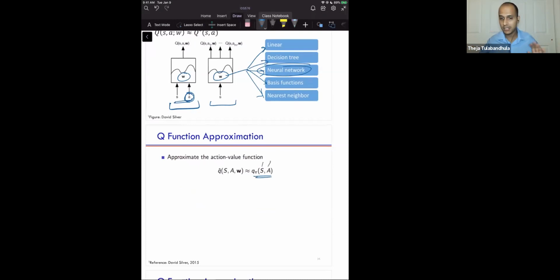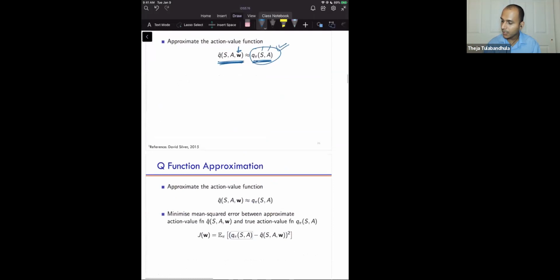Maybe when I query for a state action pair, I can get back this number. So for every state action pair, if I query, I'll get some number. But now I want to approximate the state action value function using a parametric function with some parameter W. I want to approximate the right hand side with some parametric function. That's what an approximation means.